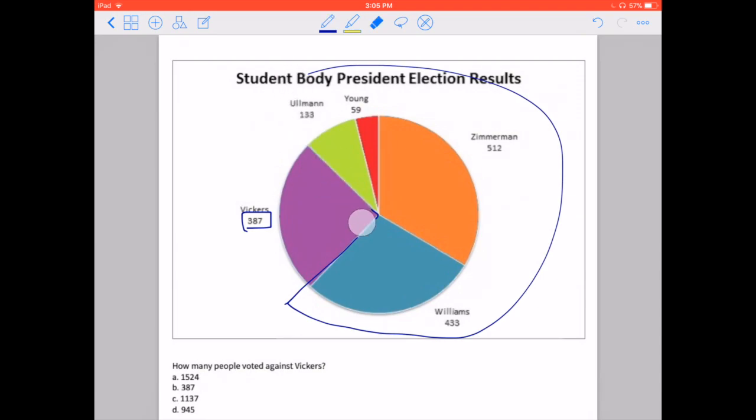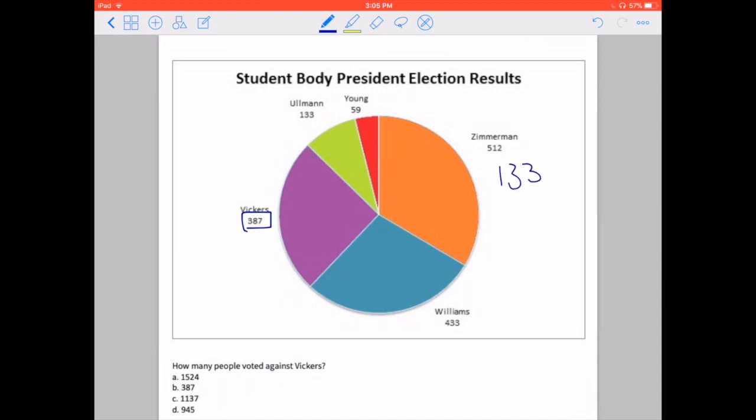So those are the ones that we need to add up. We have Ullman with 133, Young with 59 votes, Zimmerman with 512 votes, and Williams with 433 votes.